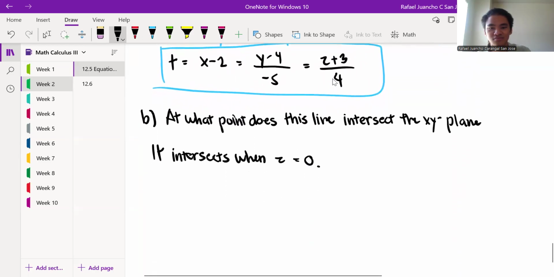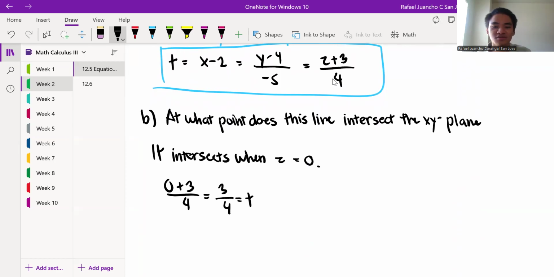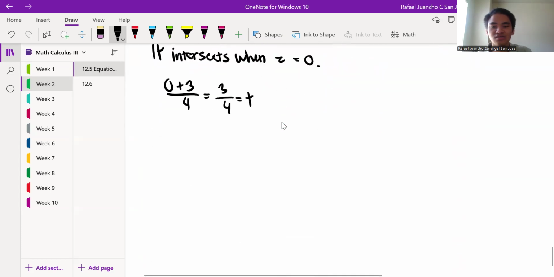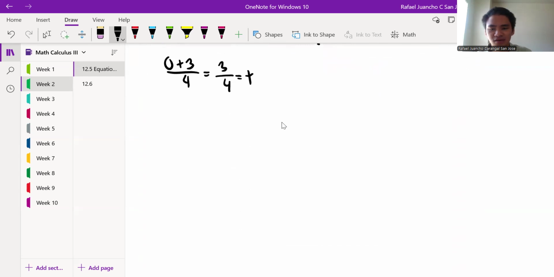Right? So we're saying if z is 0, we have 0 plus 3 over 4. And so we have 3/4 for our t. And then we can plug in 3/4 in our parametric equations to get an x and a y coordinate.